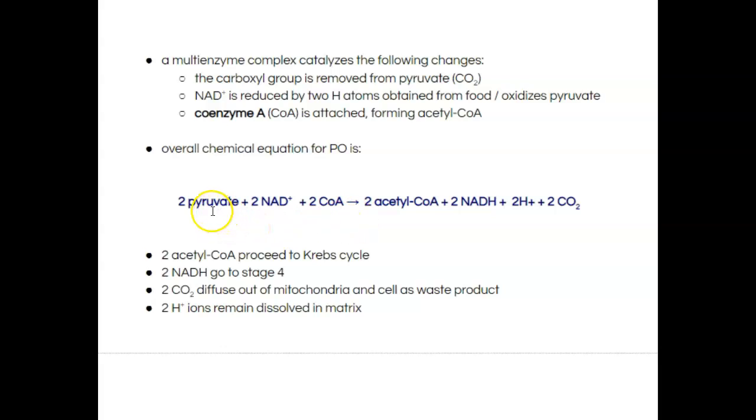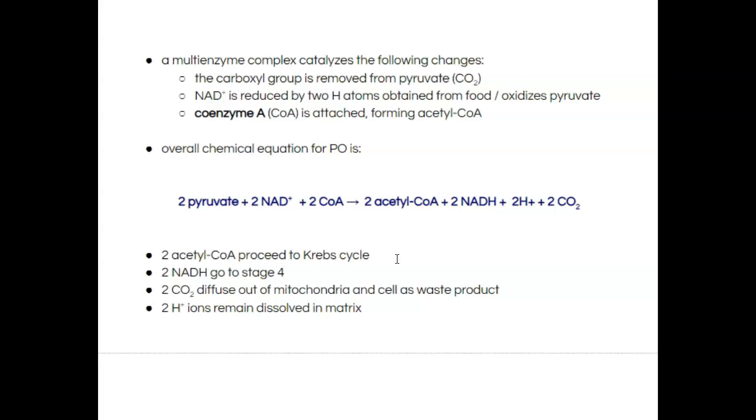So when pyruvate is oxidized and we remove a carbonyl group, we're left with a 2-carbon compound, which is called an acetyl group. So that acetyl group quickly grabs onto coenzyme A and becomes an acetyl coenzyme A. So because I have 2 pyruvate and I need 1 coenzyme A per pyruvate, joining that acetyl group to become 2 acetyl coenzyme A's.